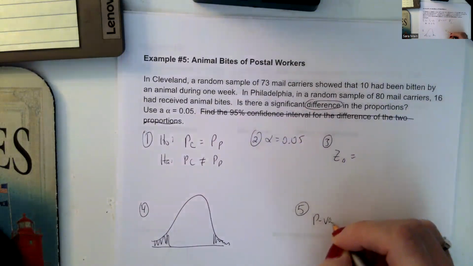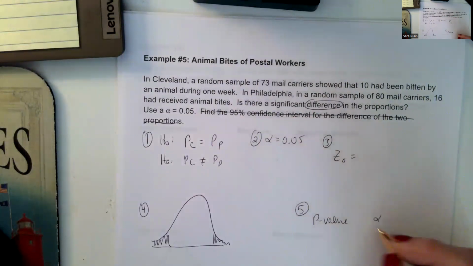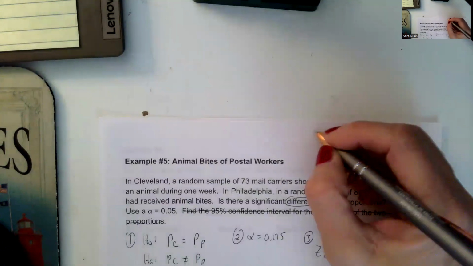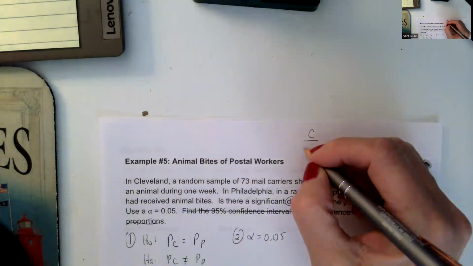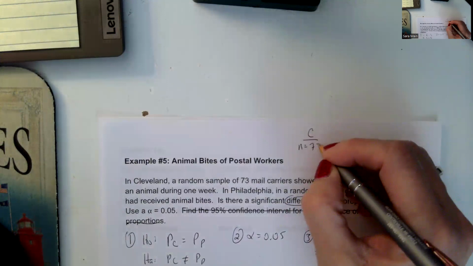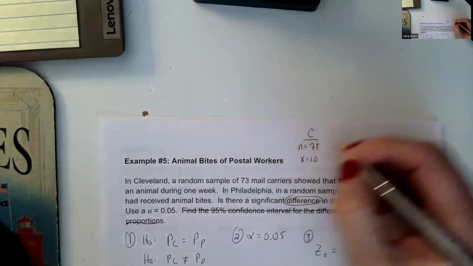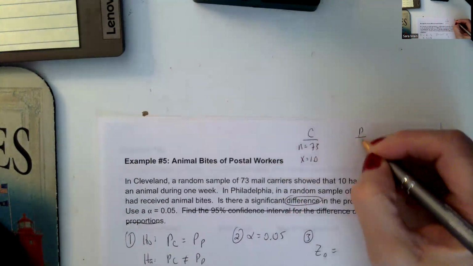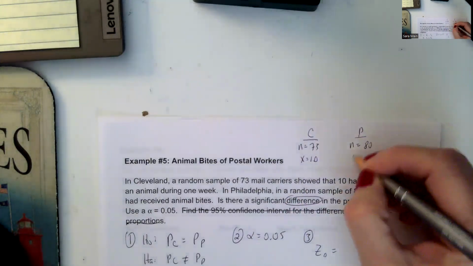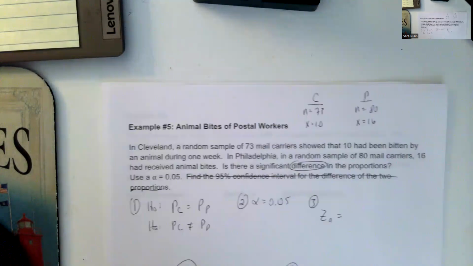And then in step 5, we'll compare our p-value to our alpha 0.05 to make our decision here. So I'm just going to organize my Cleveland. My sample size was 73 and X was 10. In Philadelphia, my sample size was 80 and X was 16.